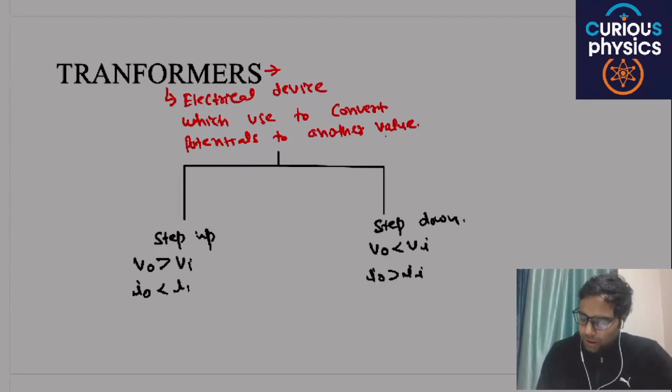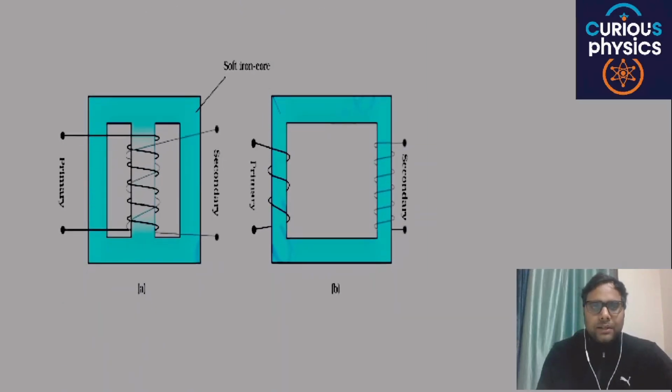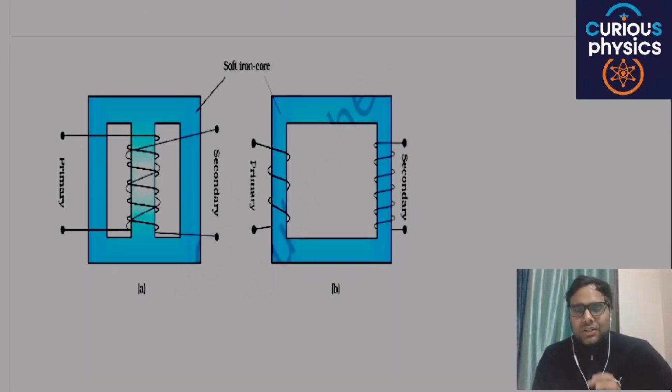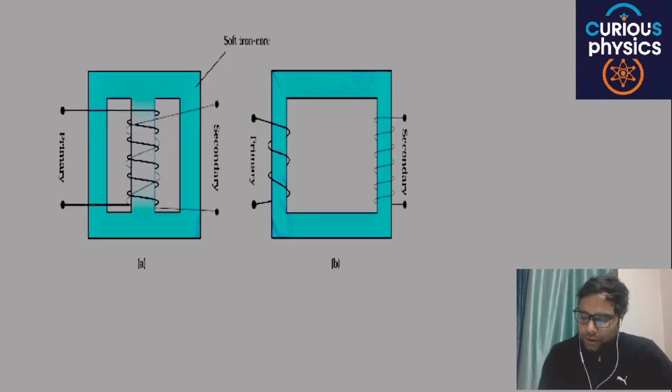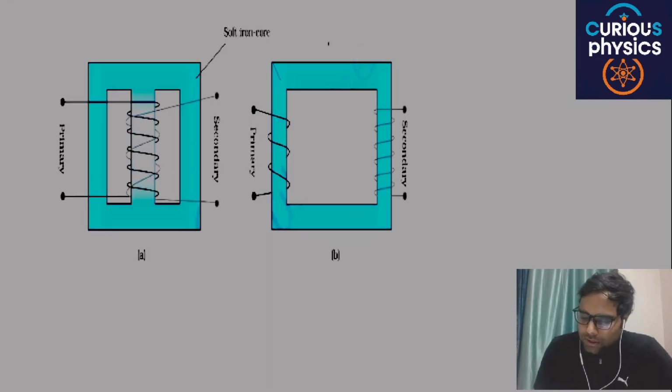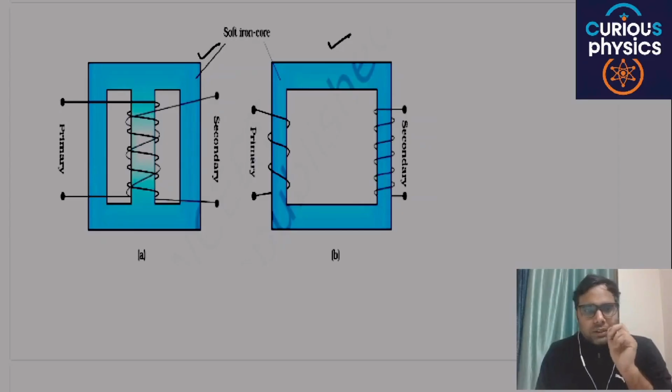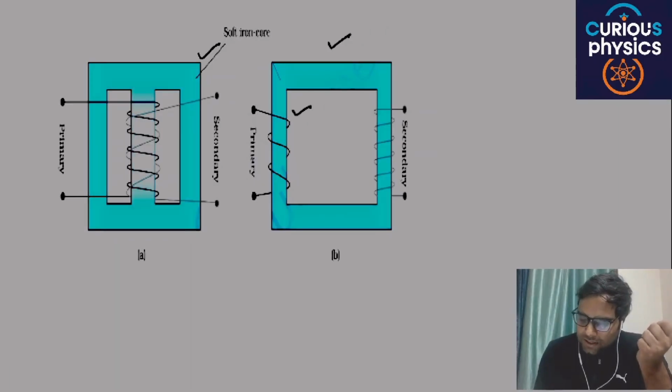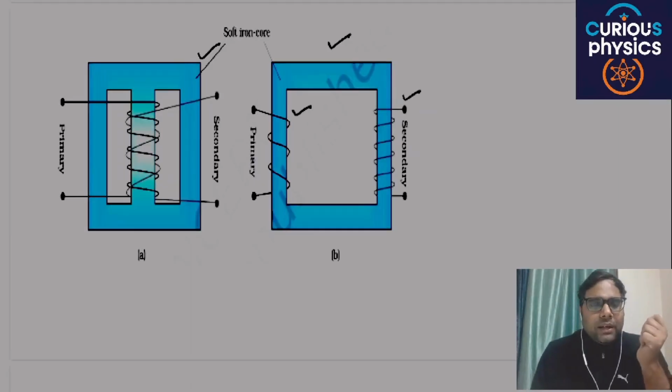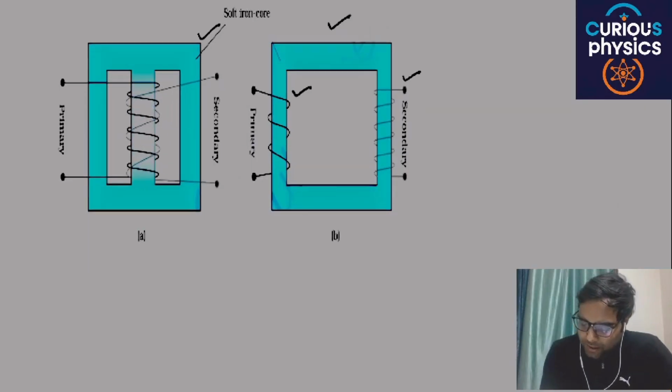This is the basic construction of a transformer. Two types of transformers can be made. In the first case, two coils are overlapped with each other, and in the second case, the primary coil and secondary coil are not overlapped.